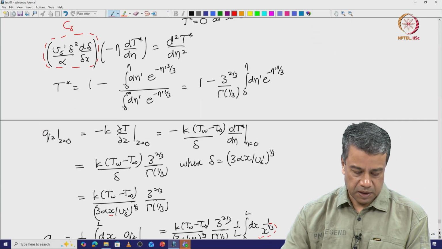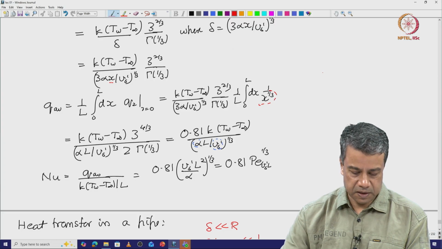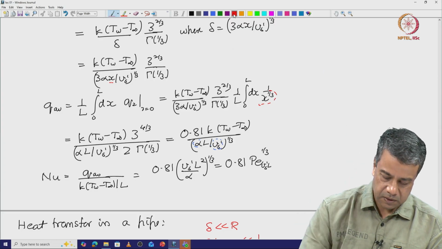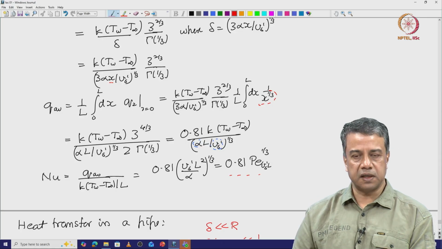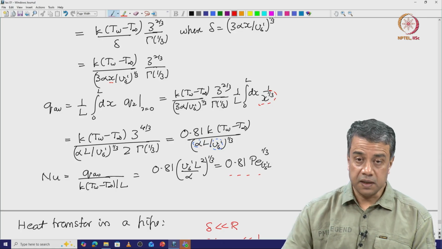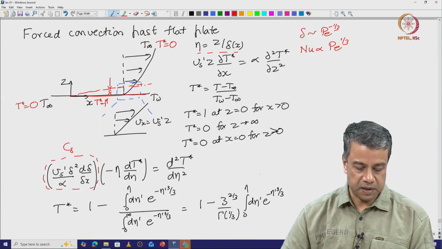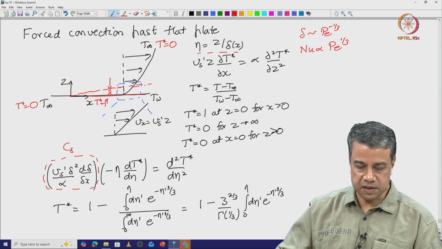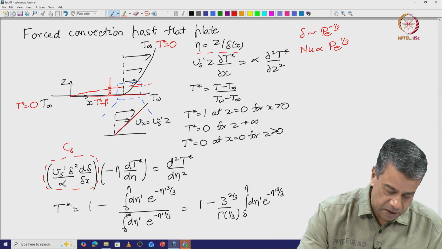Based upon that, we had got a correlation for the Nusselt number. The correlation for the Nusselt number goes as the Peclet number to the 1/3 power. In that Peclet number, the parameter that is important is not the velocity itself, but rather the velocity gradient at the wall.